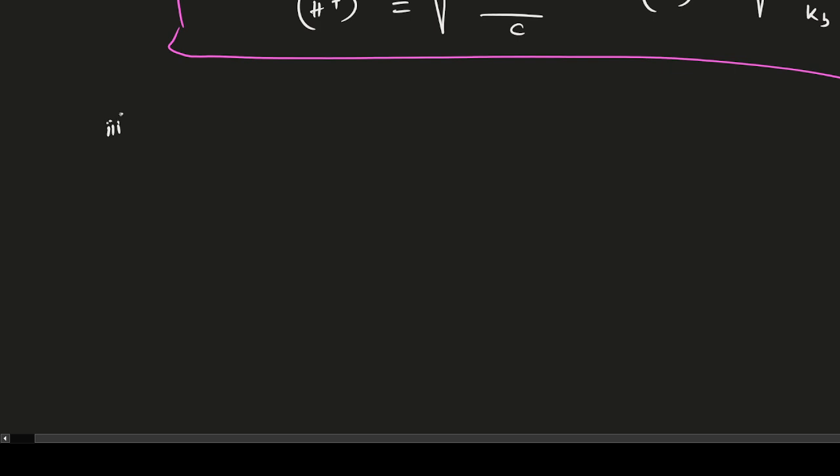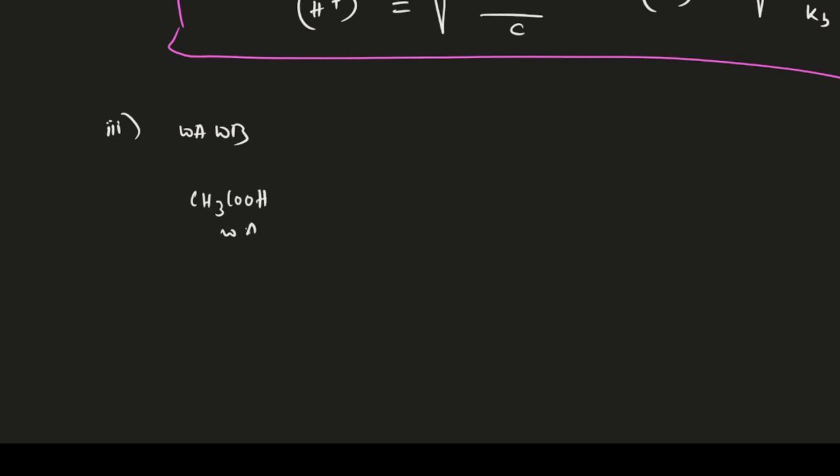Now the next type is if both are weak, a weak acid and weak base salt. I mean CH3COOH, this is a weak acid, that reacts with a weak base, let's say NH4OH, then the salt formed is CH3COO minus NH4 plus.